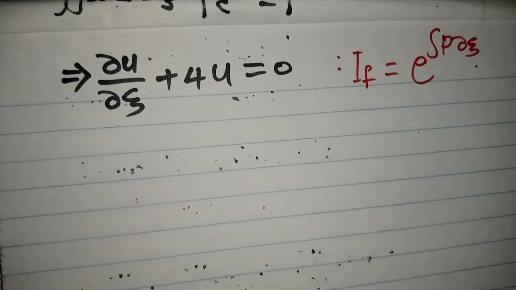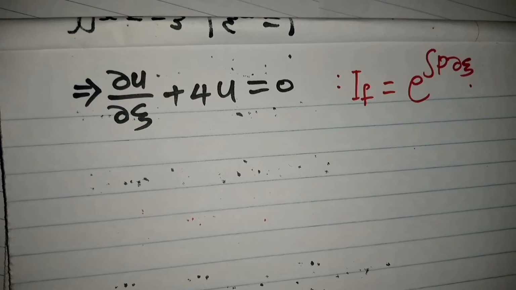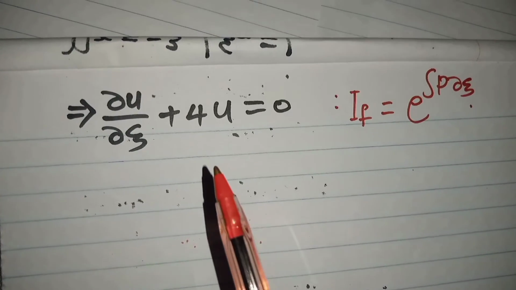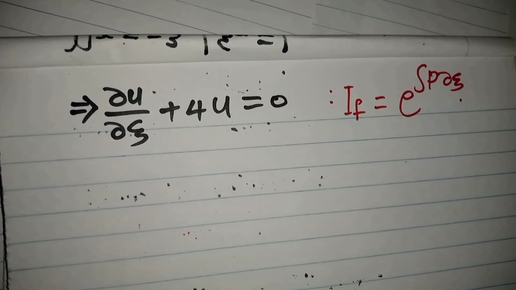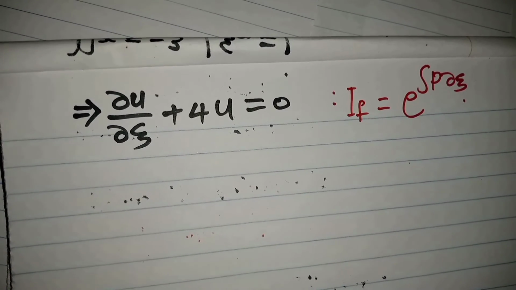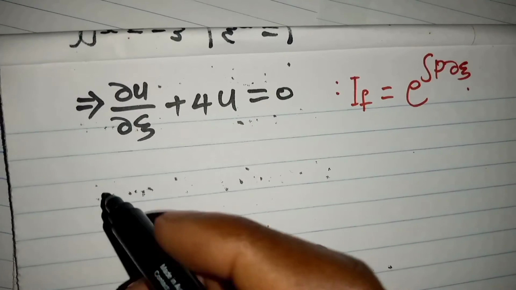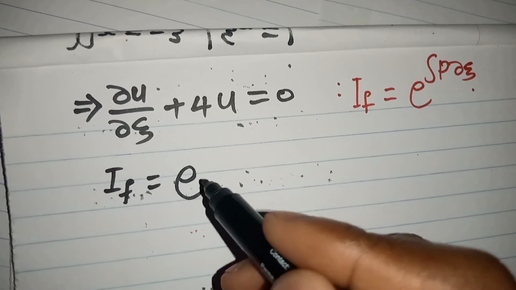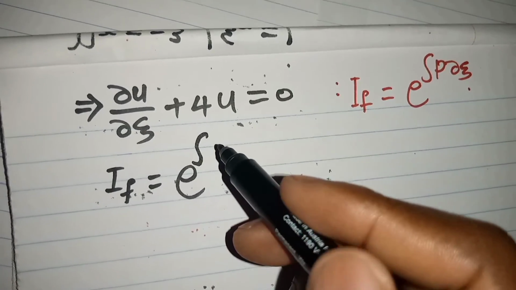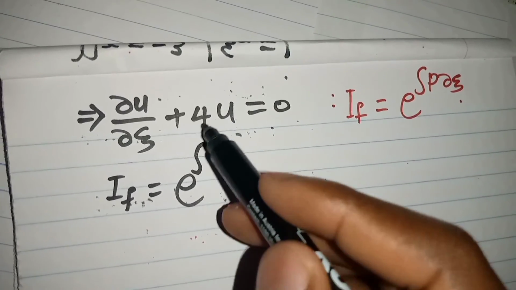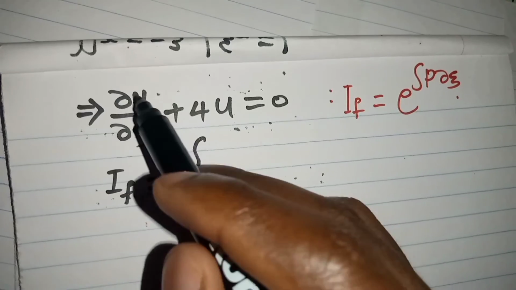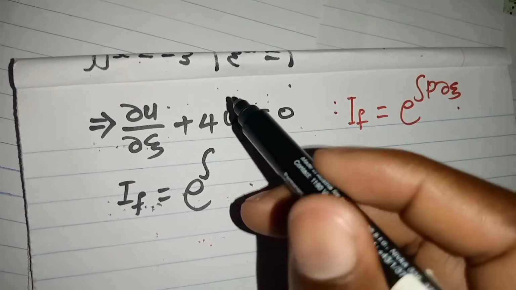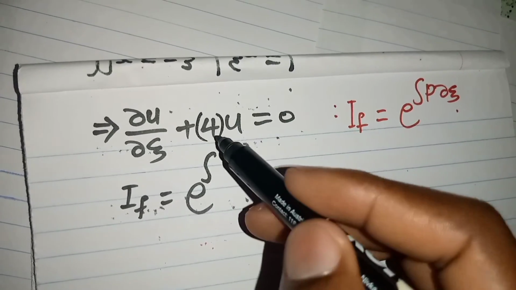Okay, so we are going to obtain our integrating factor. Therefore, our integrating factor will be equal to exponential the integral of p, and we said that the coefficient of u, when the coefficient of the partial of u with respect to xi is 1, is the value of p, and the coefficient of u here is 4.